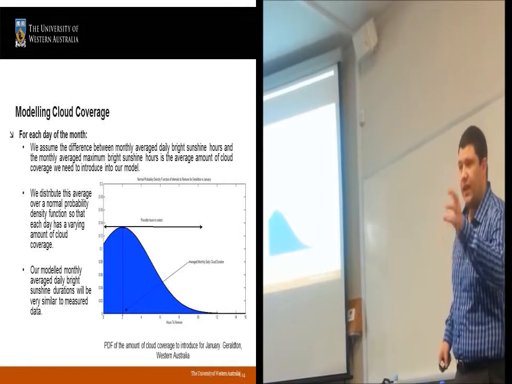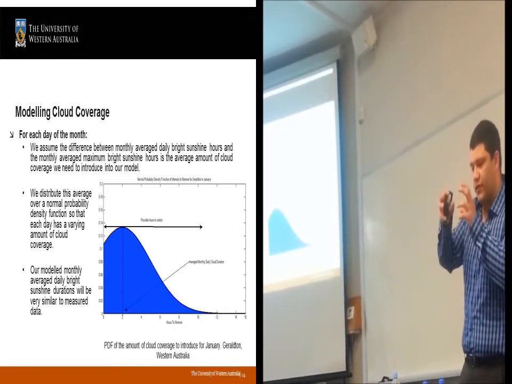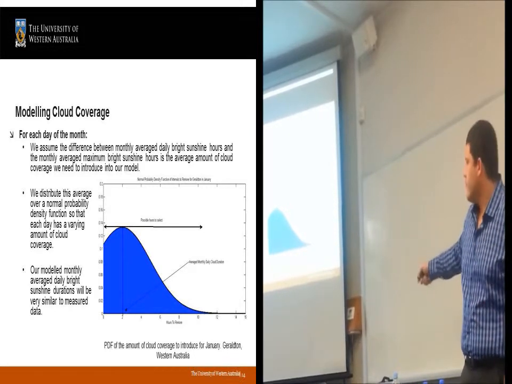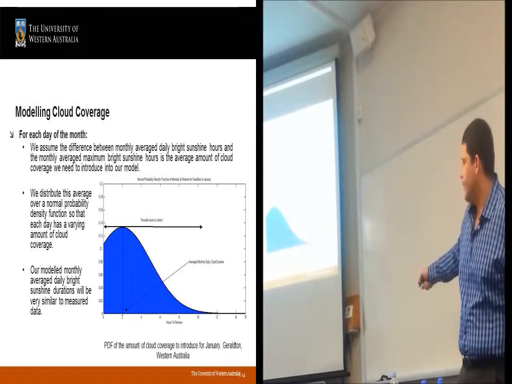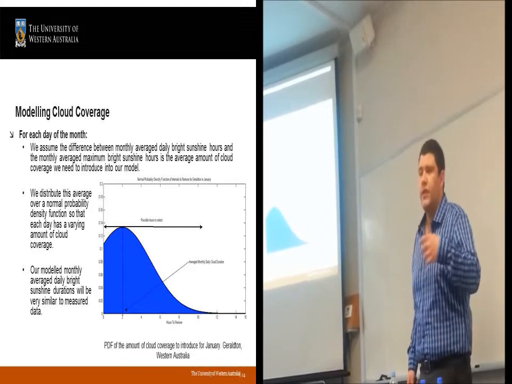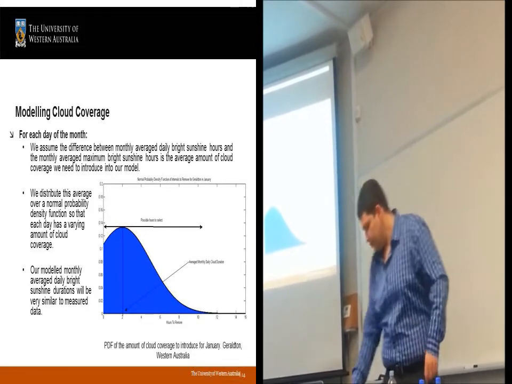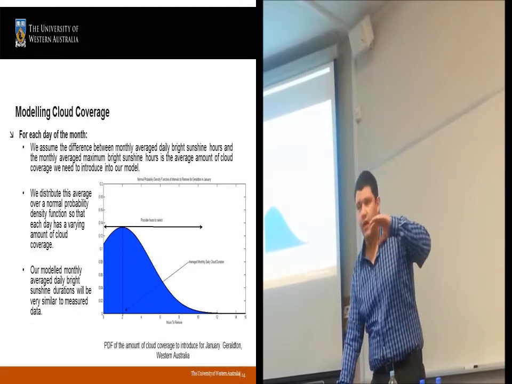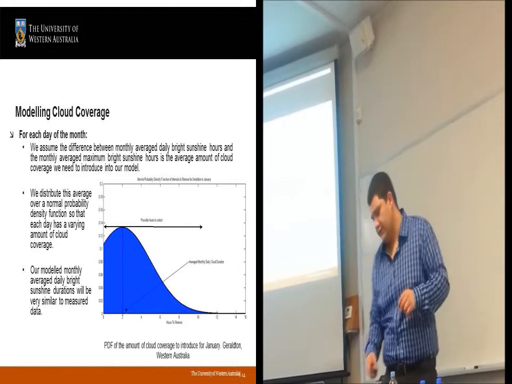And so for a whole month, each day, the model will select a certain hour to take away from that model. Or put differently, how many increments of cloud cover to introduce into that model. And so we've got a spread over the whole month of different types of cloud coverage.